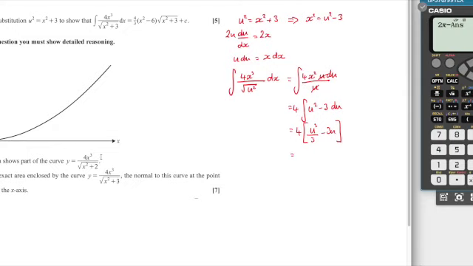So that's going to be 4 lots of u cubed over 3 minus 3u. I've got u squared put back. It's not mega useful.